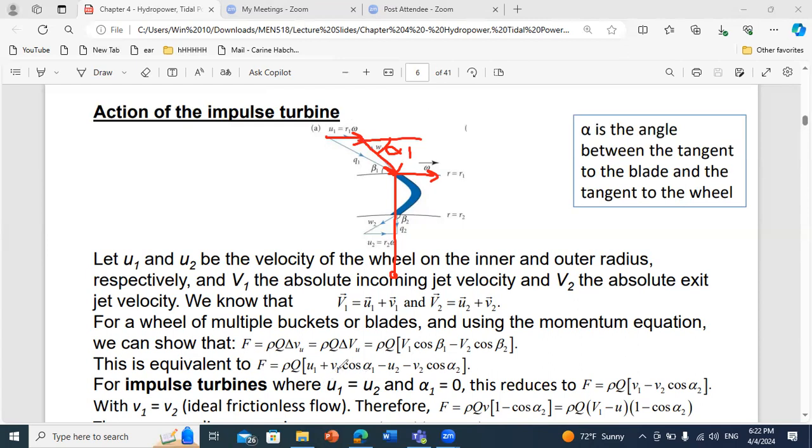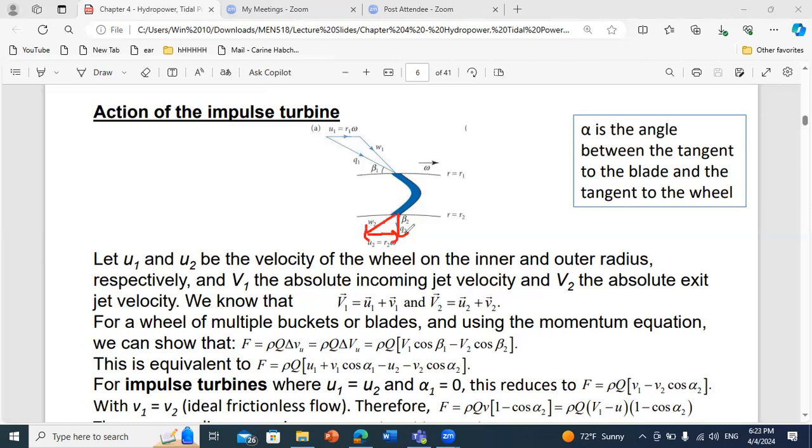Here, W1 and V1 are the same thing, so it's W1 cosine alpha 1 or small V1 cosine alpha 1. Then at the exit you do the same. You decompose the total velocity, which is the summation of these two. So the projection of the absolute velocity is equal to the summation of the projections of omega 2 and U2.